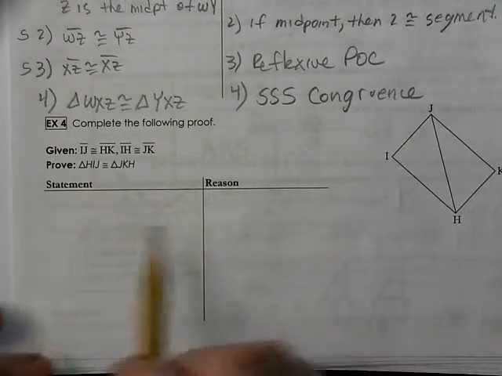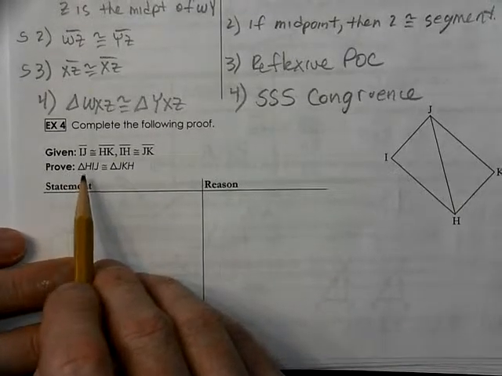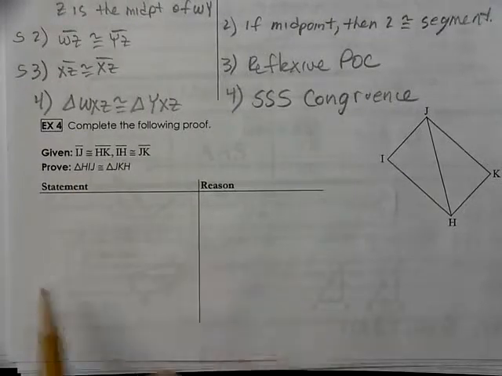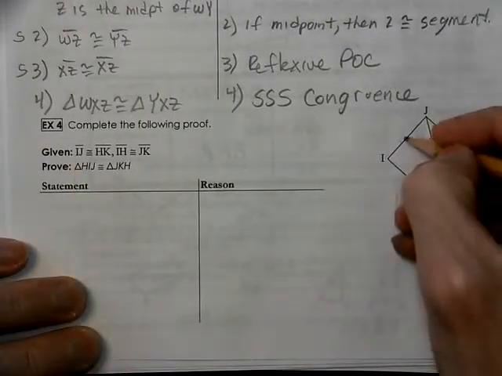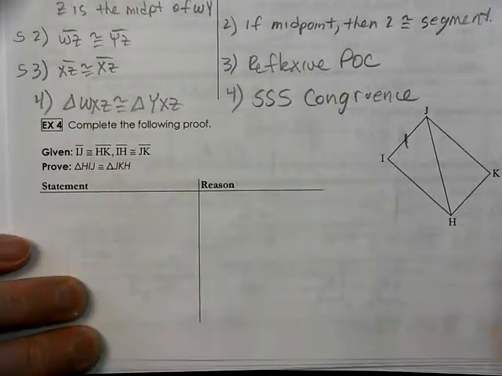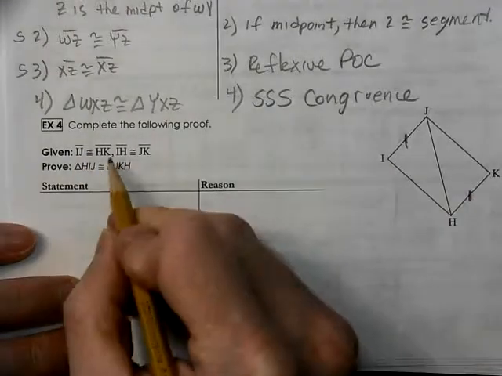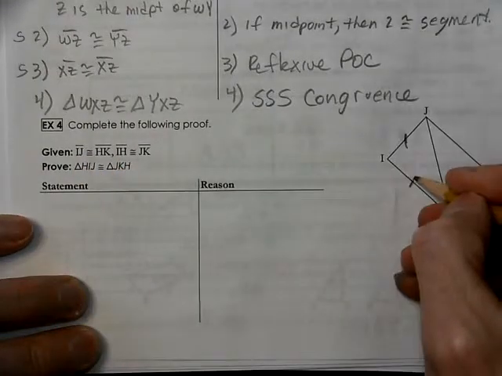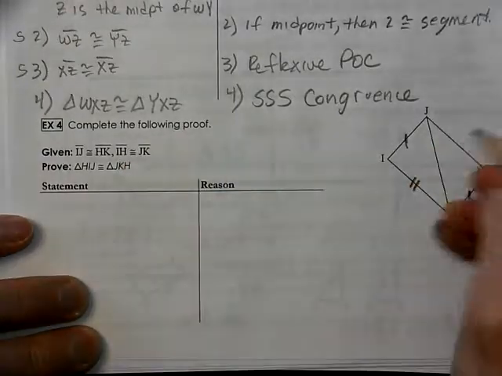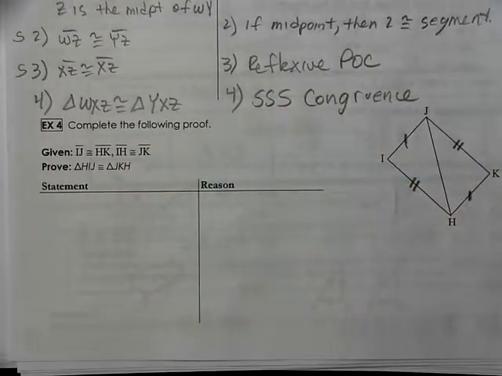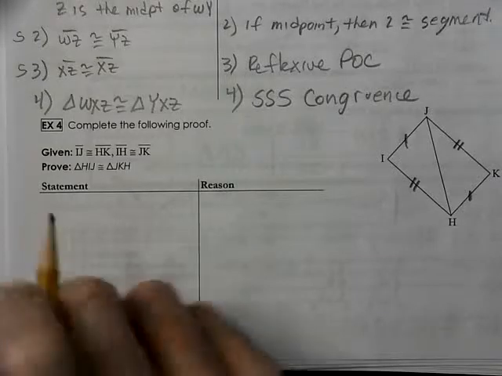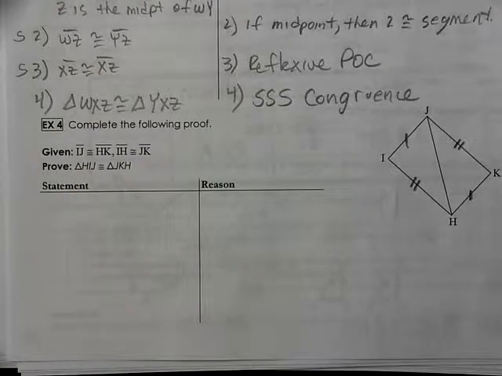Looking at our last proof, again, make your plan before you start to fill out your proof. IJ is congruent to HK. IH is congruent to JK. That's all our given information.